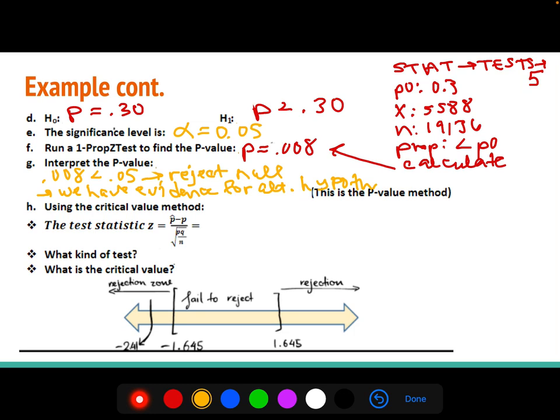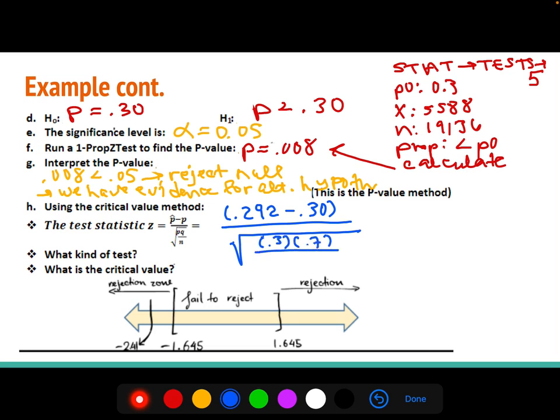Okay. And then using the critical value method, we have our test statistic Z. P hat, in this case, which is 0.292. That was the population percent they give us, minus P, which is 0.30, over the square root.